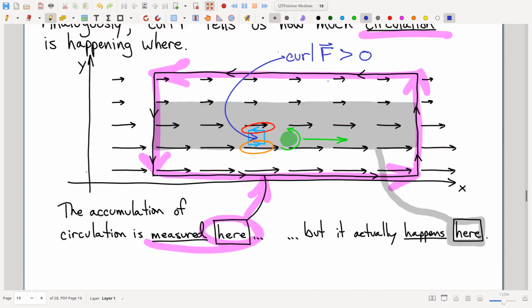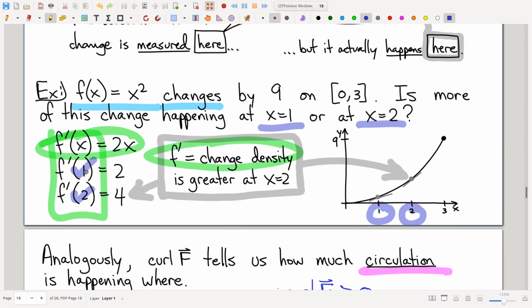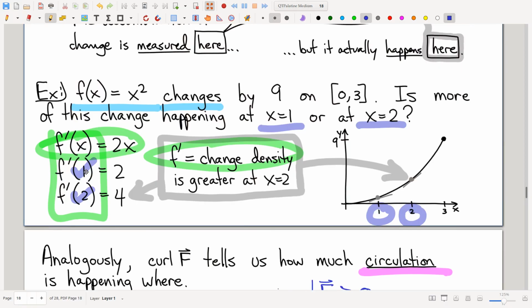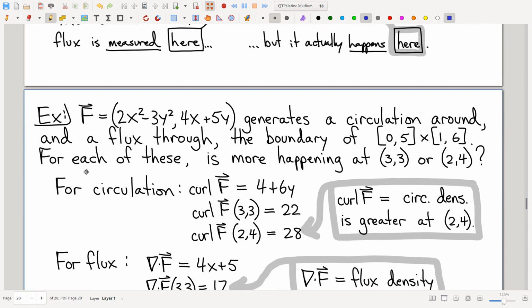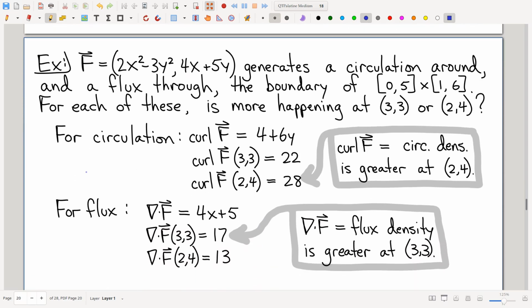Not the same as change, but change is just the accumulating quantity in question there. Circulation and flux are the accumulating quantities in question here. Different, analogous. Where is more of each of those happening between these 2 points, 3, 3 and 2, 4?